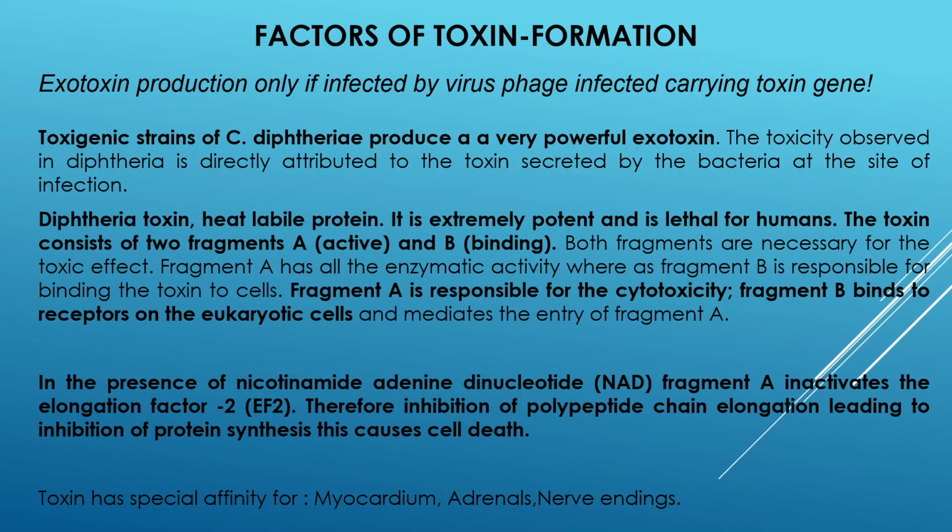Therefore, polypeptide chain elongation is inhibited, leading to inhibition of protein synthesis, and this causes cell death. Toxin has special affinity for myocardium, adrenals, and nerve endings.